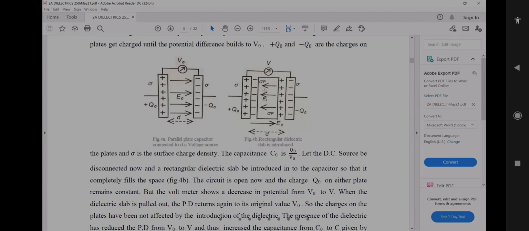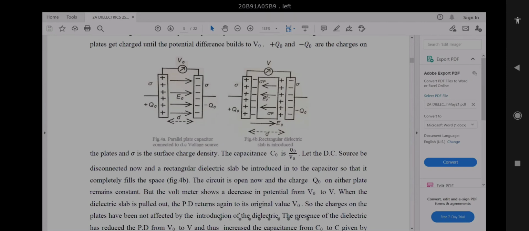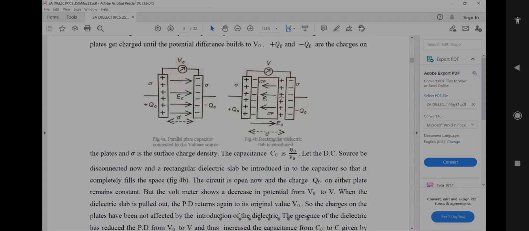Here, due to the application of an external electric field, that is E naught, the negative charges in the dielectric slab are attracted towards the positive charges on the capacitor plate, as well as the positive charges get attracted towards the negative charges on the capacitor plate.